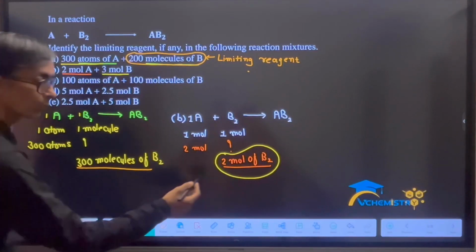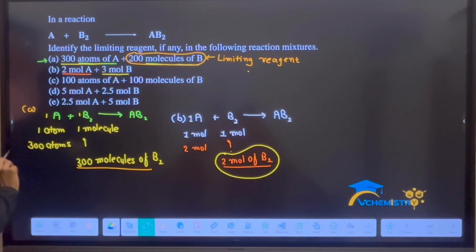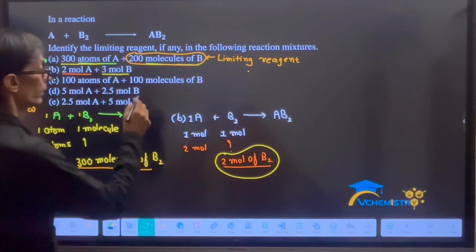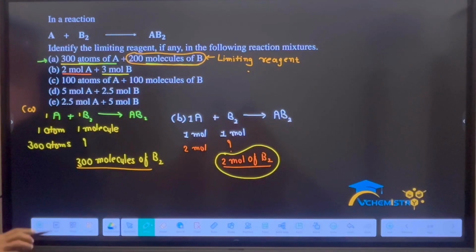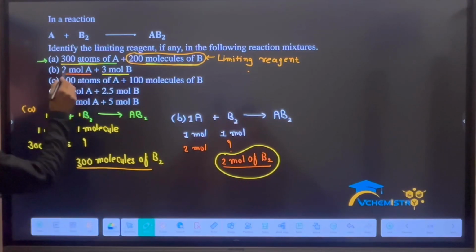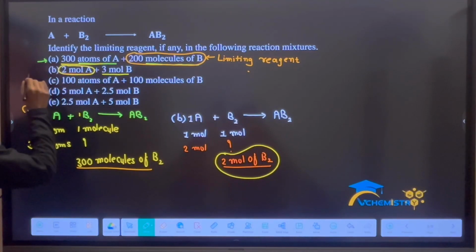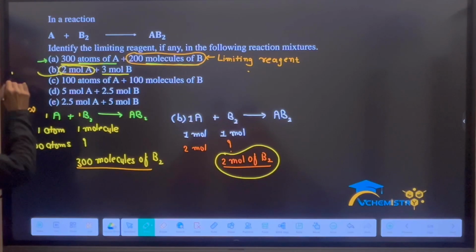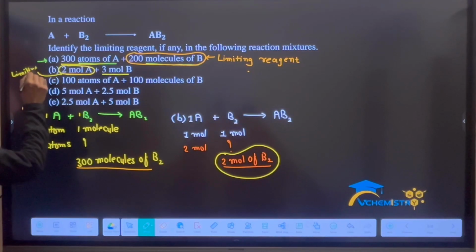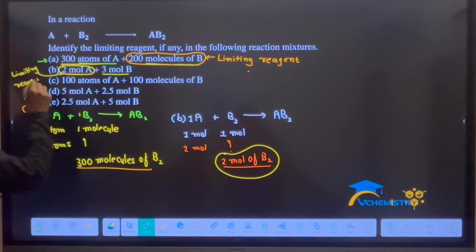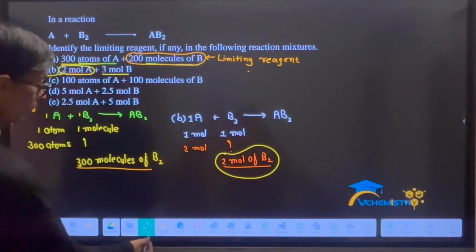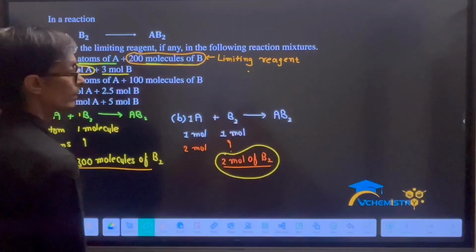That means the given amount is greater than required. So in this case your 2 mole of A is the limiting reagent.